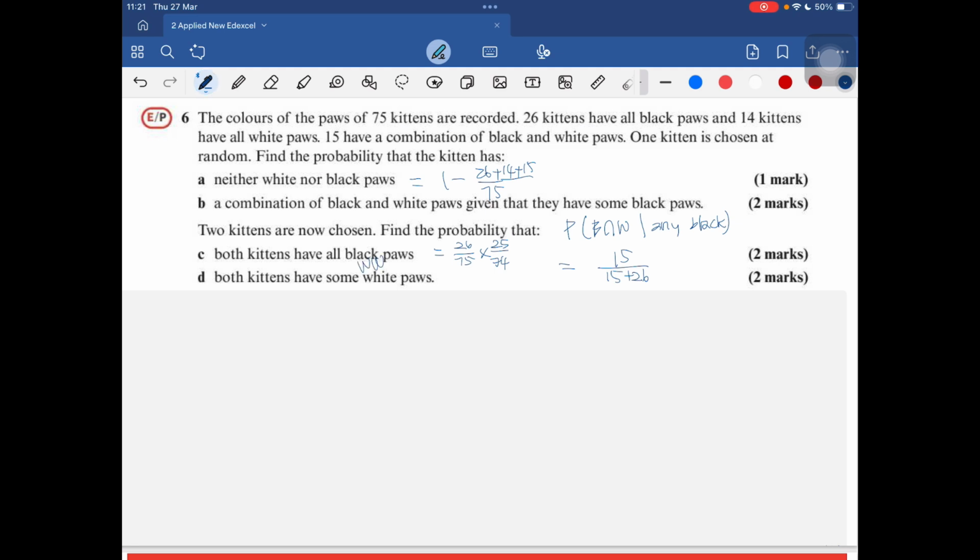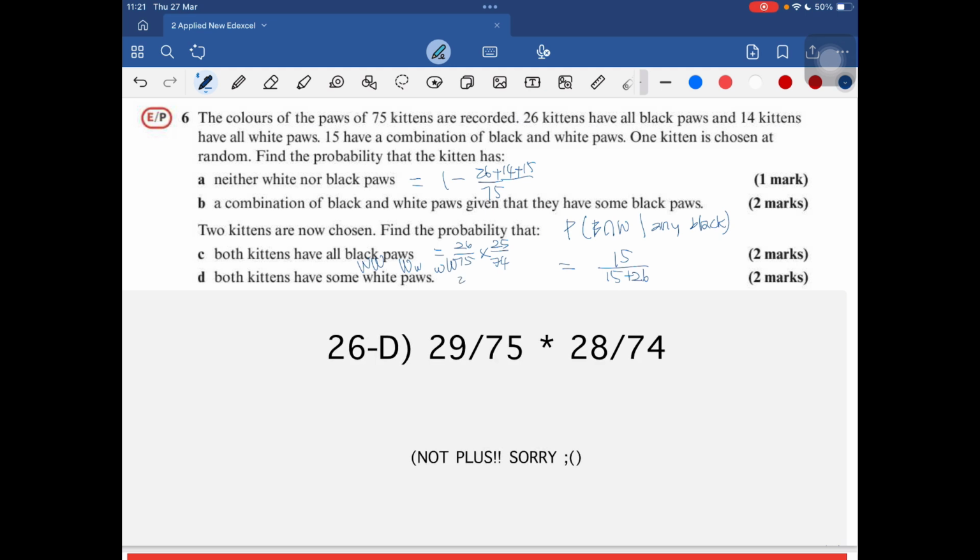So W and W, where the small letter is black and white combination. So in this case, any white altogether is 14 plus 15, which is 29. So 29 out of 75 times 28 out of 74. I think this can be the easy answer.